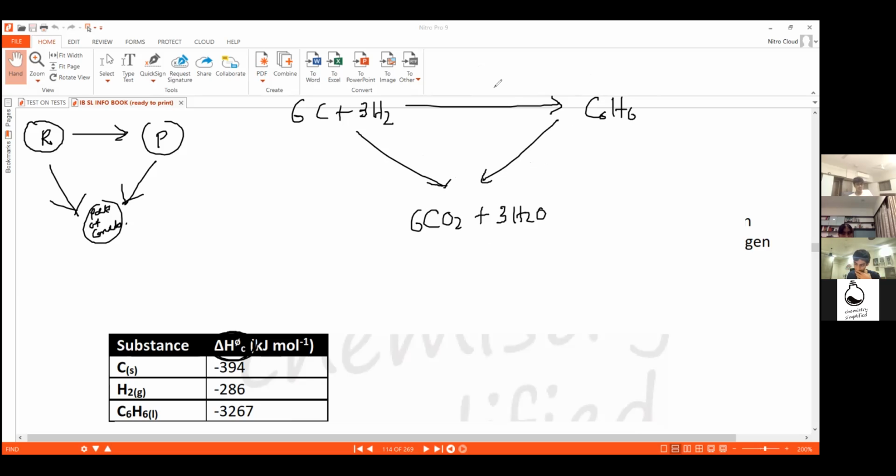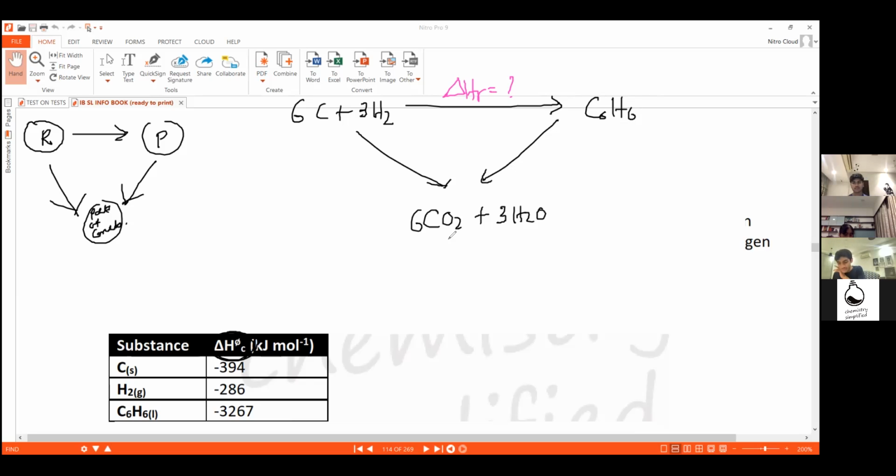Okay, is anyone having any problem? Anything not understood before I go ahead? No, understood. Okay, now I'll label the arrows. This is the enthalpy change of reaction, which I want to find out. This arrow here is combustion of benzene.